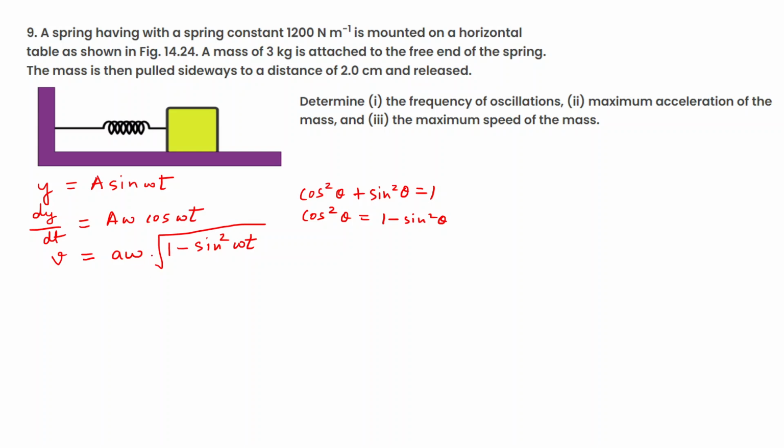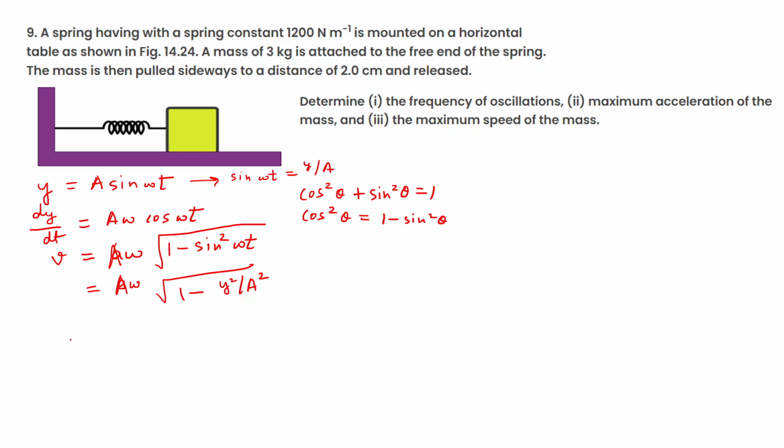Now what will be the value of sine omega t? Sine omega t will be y by a. Putting that here, this is capital A, the amplitude. So 1 minus sine square, this is y square by a square.